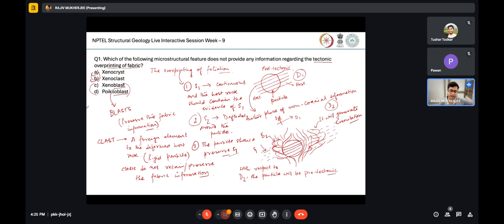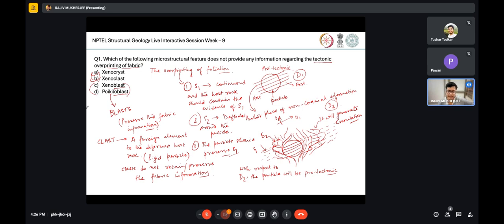A clast is essentially a small fragment of rock, whereas a porphyroblast is essentially a single crystal. Those are not rocks. But a porphyroclast can be a crystal or even a rock, right? That means it is a polycrystalline aggregate of some minerals.